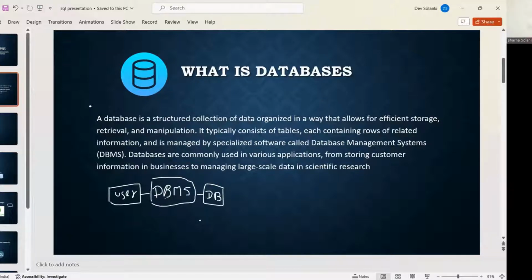Suppose there is a school, and the school has maintained all the records of their student data in one place, and one parent visits the principal ma'am and asks, we want our child's marks information, he is studying in 10th B. Let's suppose he's studying in 10th B class and we want to know his marks.